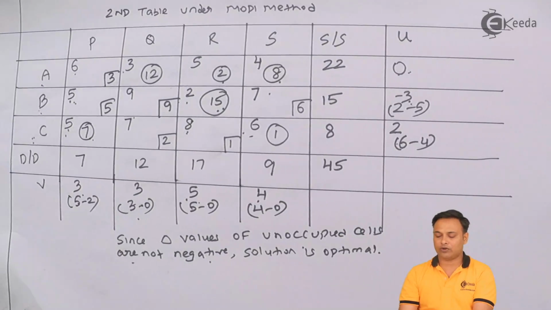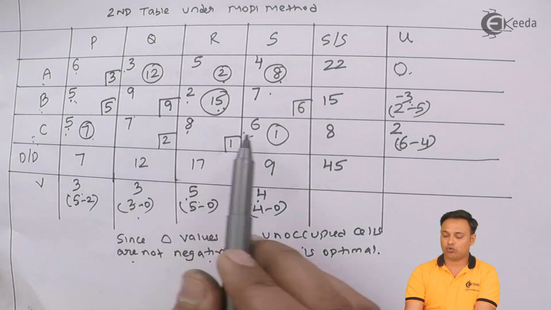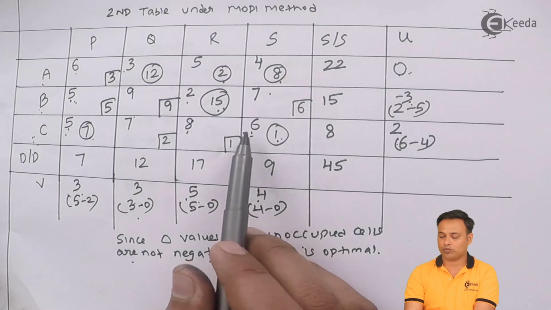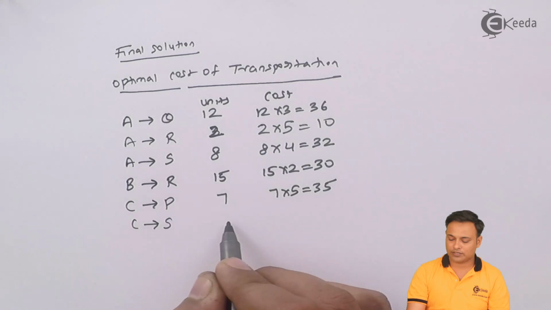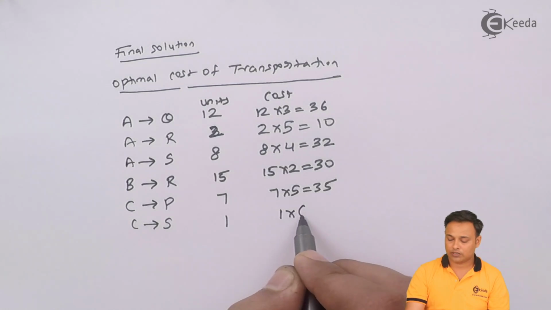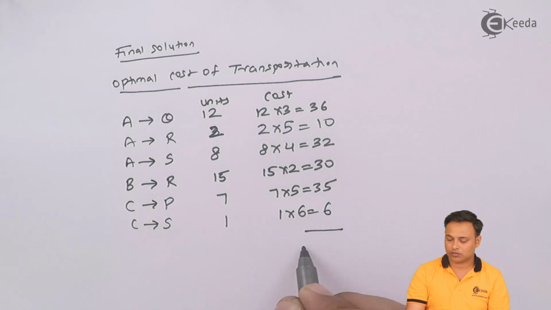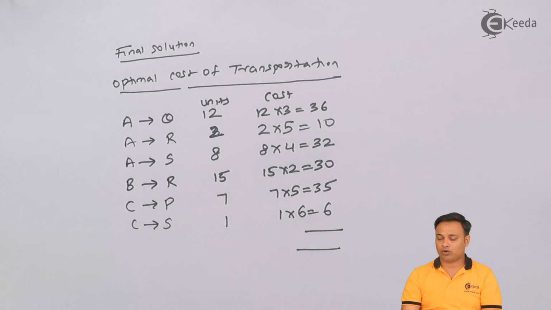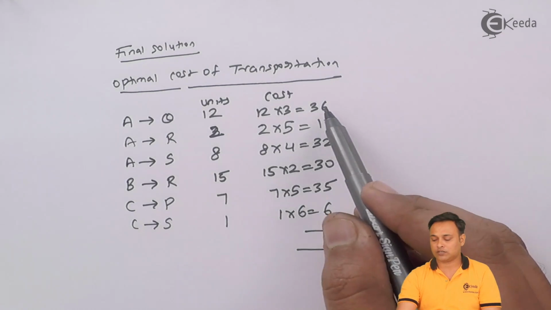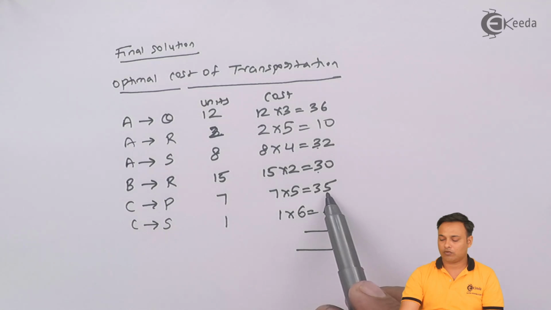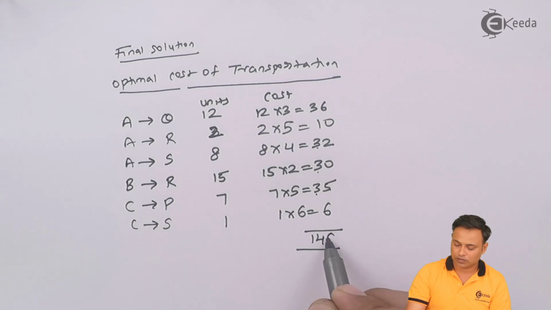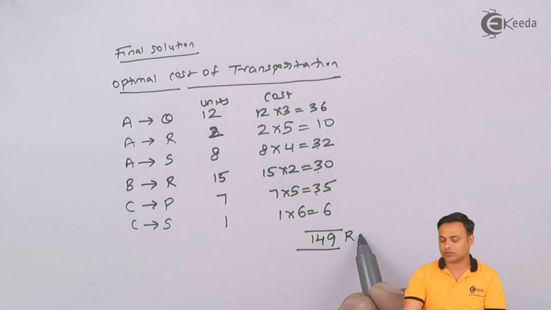And last we have C to S 1 unit at 6 rupees. With this, my total cost comes to 36, 46, 78, 108, 143 plus 6, 149 rupees.